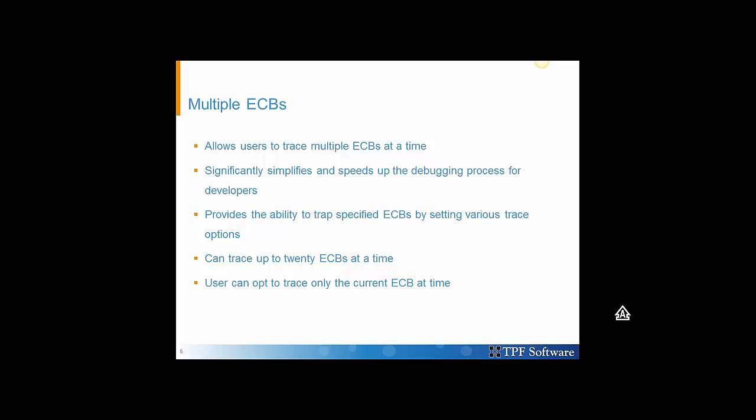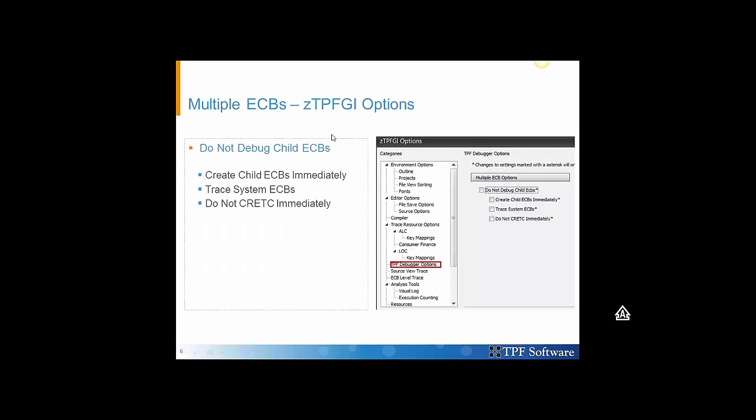That is, multiple ECBs can be traced at the source code level, and even at the ECB level. zTPFGI allows users to trace up to 20 ECBs at a time, but the user can opt to trace only the current ECB which is created at that time. Here are some of the debug options present in the multiple ECBs.